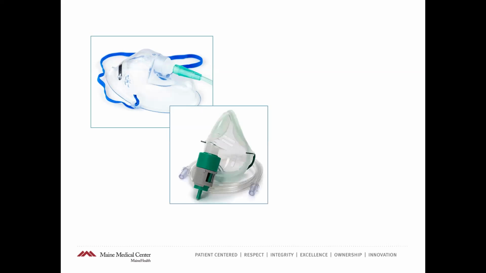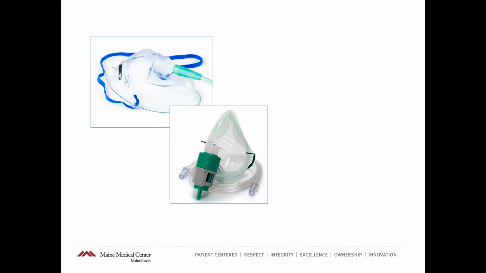You can move a step up from that and do these Venturi masks. We use these, and this part governs what the percentage of oxygen is that you're getting. The way we set ours up is they're up at the wall, at the flow meter. Next time you have a chance to see one of these, take a look at it.